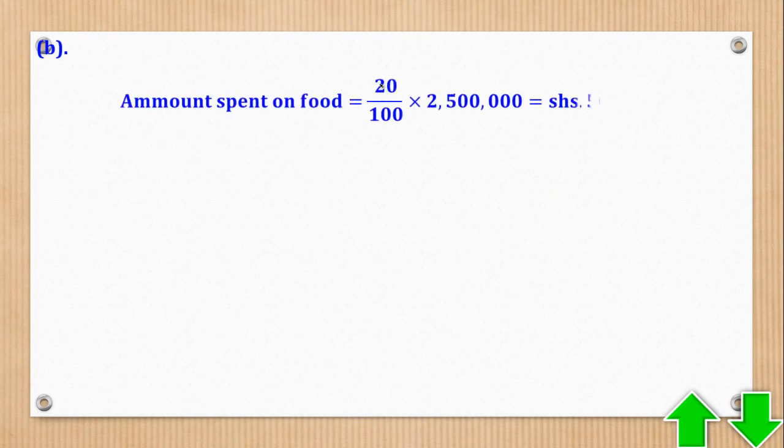So the amount spent on food will be 20% of this 2.5 million to give you 500,000.